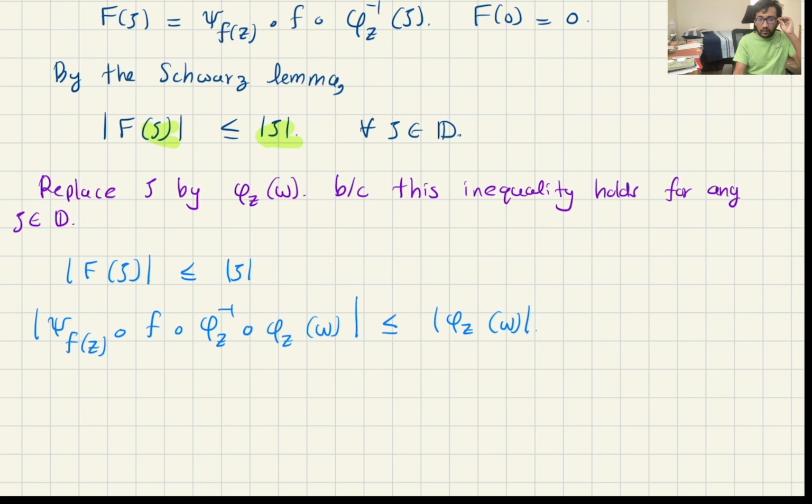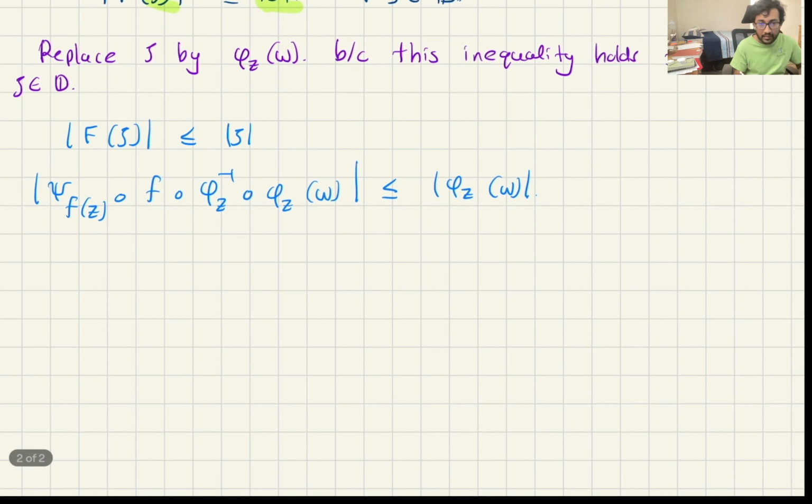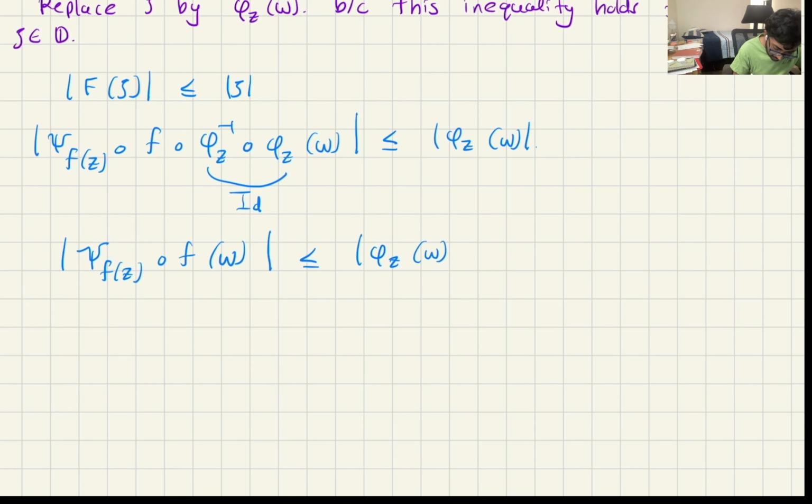Okay, right. Now phi Z is a bijection, so if you compose phi Z inverse and phi Z, you would get identity. So this would become an identity. So what would I get? Phi Fz compose F of W, because if you apply identity to W, you would get W, less than or equal to phi ZW.